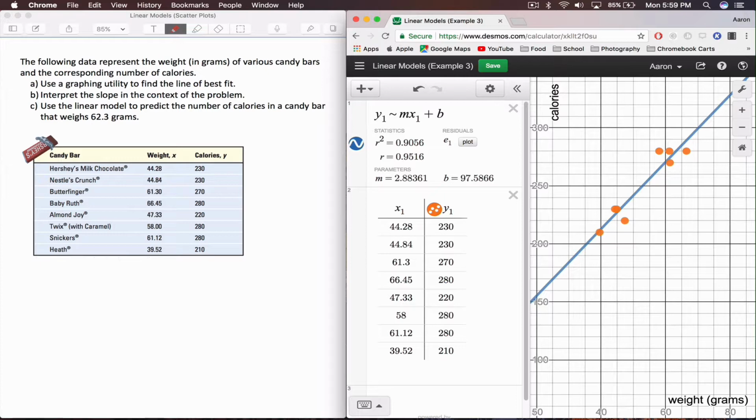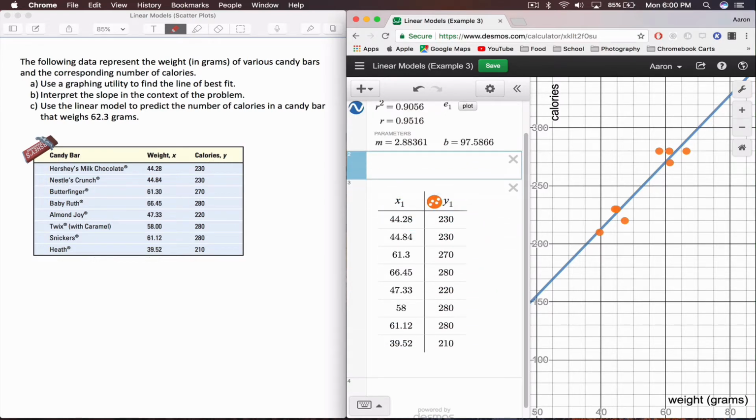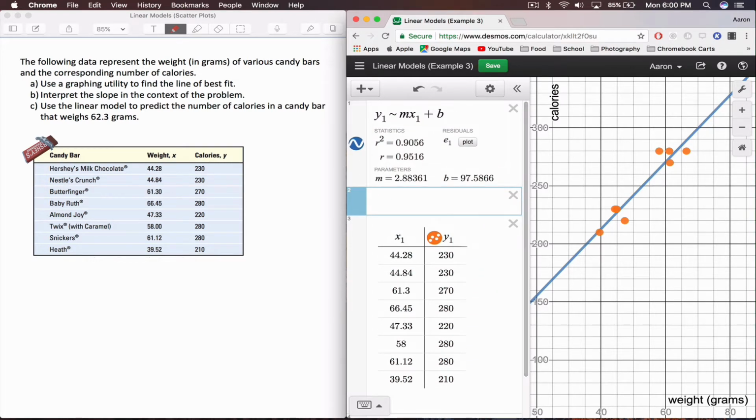So we can use this data to actually find the number of calories that would exist if we had a candy bar that weighed 62.3 grams. So 62.3, that's just our X value. So we can actually just graph a vertical line. If we graph a vertical line with the X value that we want, and then look where that vertical line intersects our line of best fit, that will give us the Y value, which is the number of calories for the specific given X value.